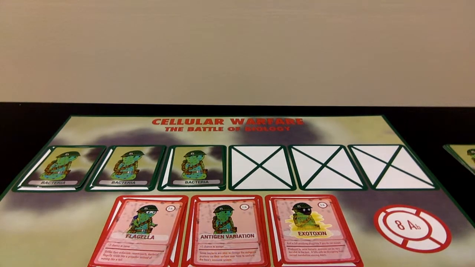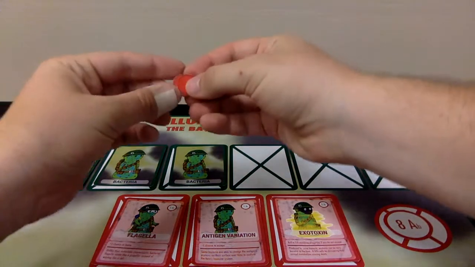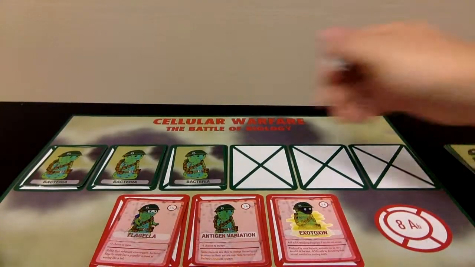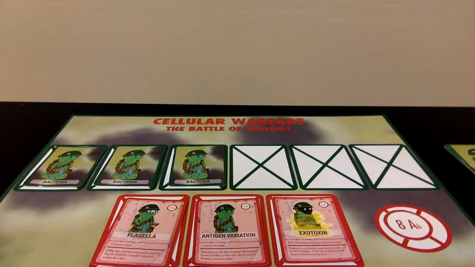Now this would just keep going with this idea, and for the sake of time, I'm just going to explain how these red tokens work. So let's say this one does not successfully move, but then it gets detected by the immune system.